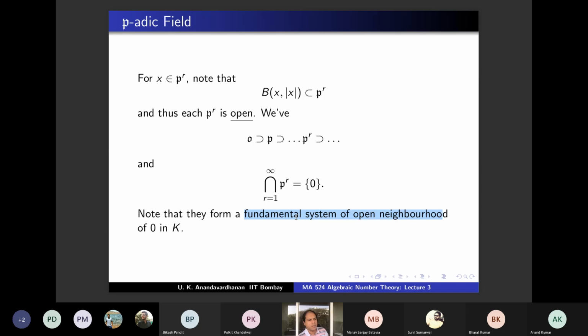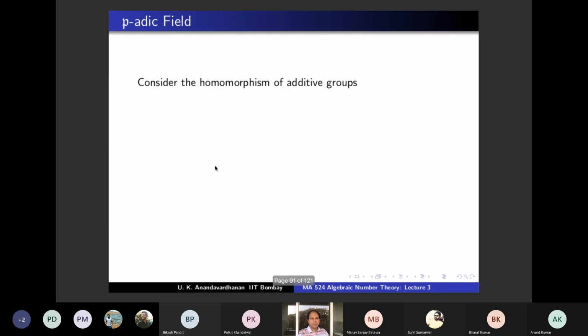Given any open set containing 0, it will contain one such set from this sequence. That follows from the very definition, so you can check. So they form a fundamental system of open neighborhoods, and that's a basic topological notion.